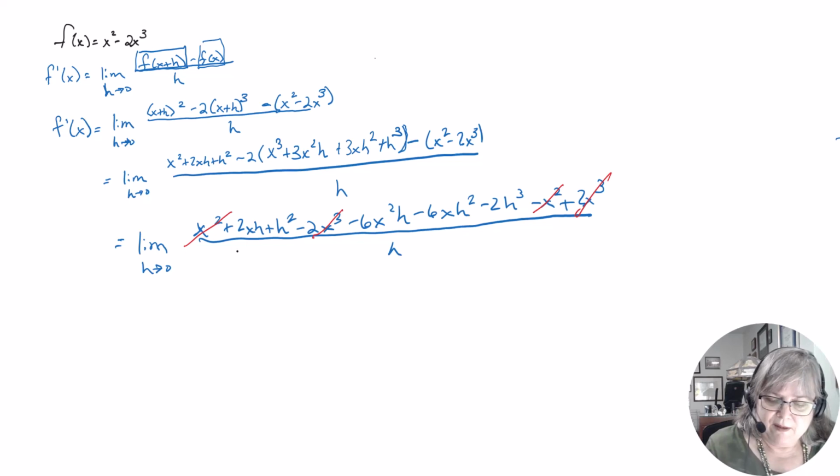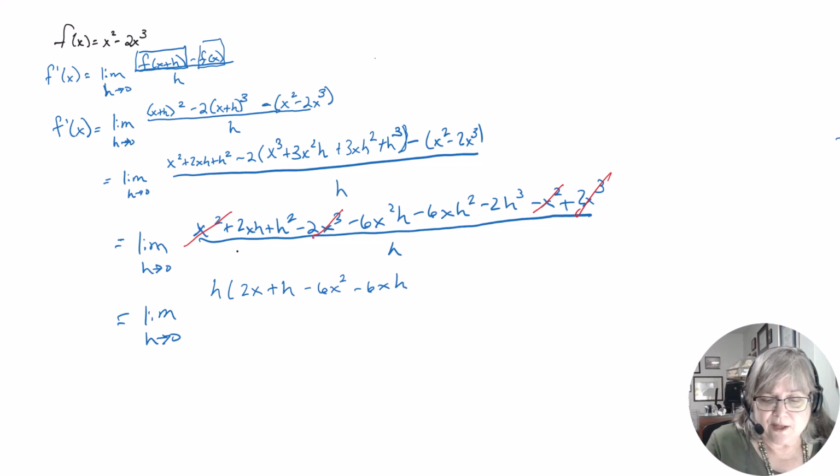Okay, so what we have is the limit as h goes to 0, but they all have an h in common. So it's h times 2x plus h minus 6x squared minus 6xh, because I took an h out, minus 2h squared, over h.